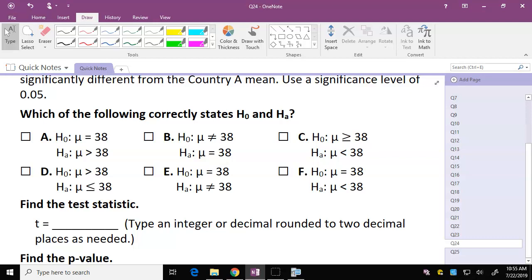E again, absolutely. Because our mean was the 38, and we want to know if it is different. So that means if they are not the same. Did it change? Okay, so now we want to find our test statistic. So how are we going to start doing this? StatCrunch, absolutely. Let's go to some StatCrunch.